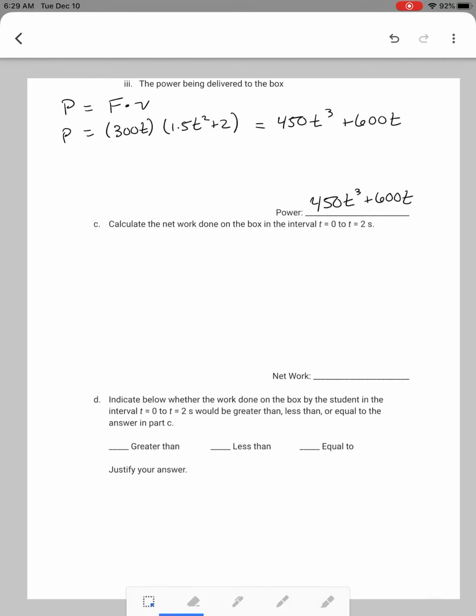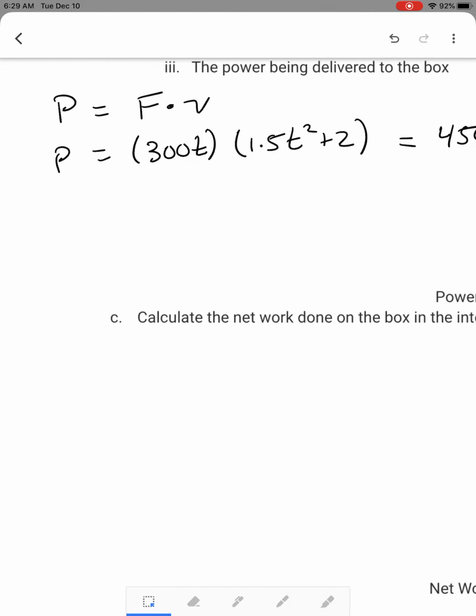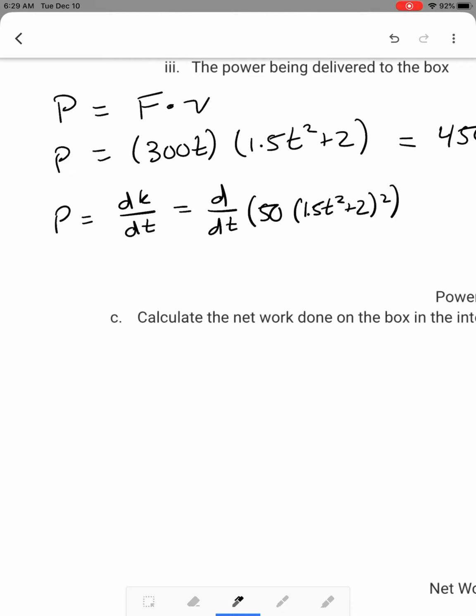The other way that you could have done this is that power is equal to the change of kinetic energy per time, so the derivative of the kinetic energy with respect to time. So then I just use my kinetic energy function, which was 50 times (1.5 t squared plus 2) squared.